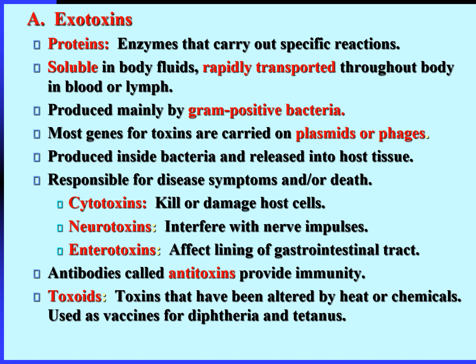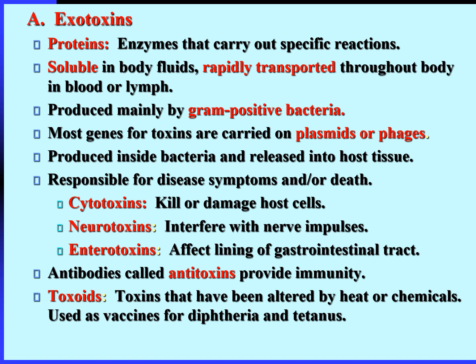Exotoxin is a protein or enzyme that carries out a specific reaction, while endotoxin is a lipid or lipopolysaccharide. Exotoxin is soluble in body fluids, rapidly transported throughout the body in blood or lymph. Exotoxin is produced mainly by gram-positive bacteria and some gram-negative bacteria.